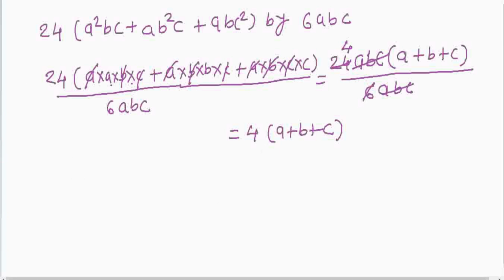Again let us take one more example. Suppose the denominator or the divisor contains a factor or a polynomial. Suppose we want to divide 7m square plus 14m by m plus 2.